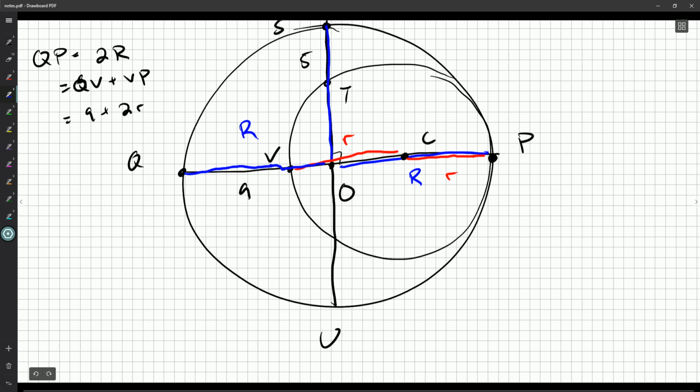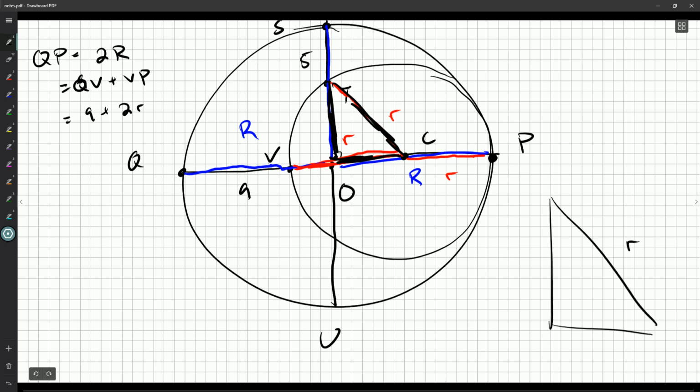We haven't used T at all here. So what I'm going to do is connect T up to the center C there. And if you'll notice, what we've got here is a nice little right-angled triangle. But what are the sides of this triangle going to be? Well, the hypotenuse is CT.